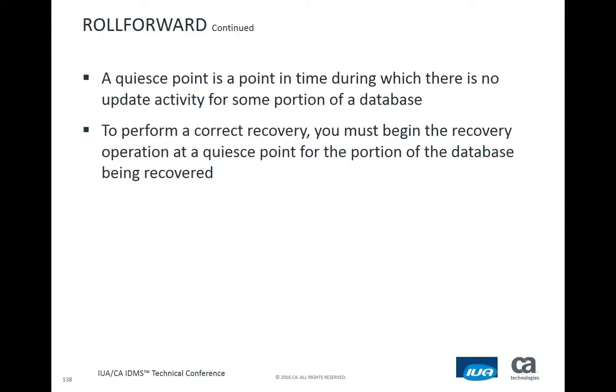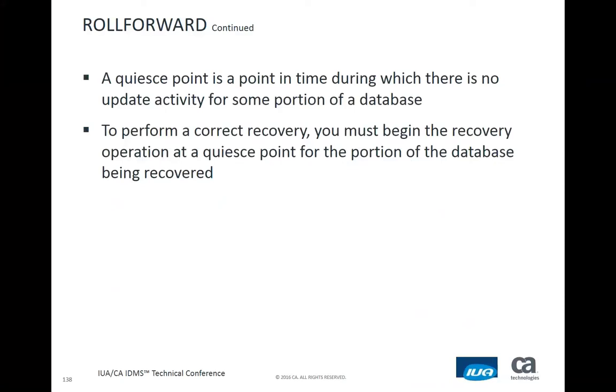So if somebody comes through and says they ran the wrong data at midnight, what you want to do is go back to your backup file and then roll forward to that Quiesce point just before midnight, because that is going to be the last point in time prior to the bad data going on to the database.